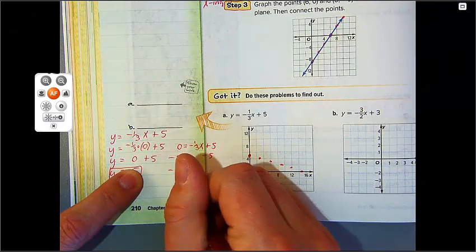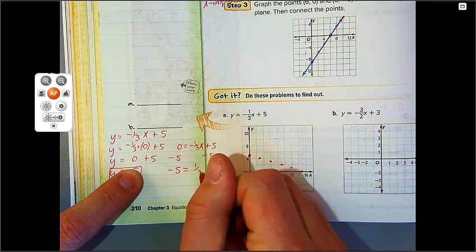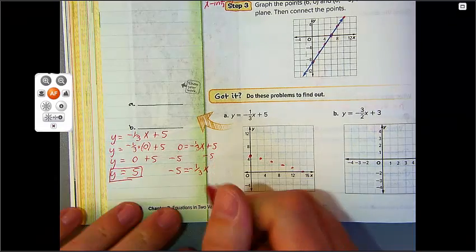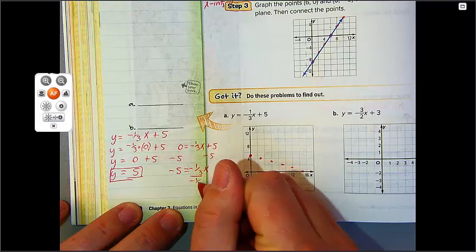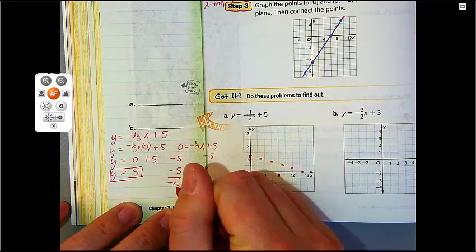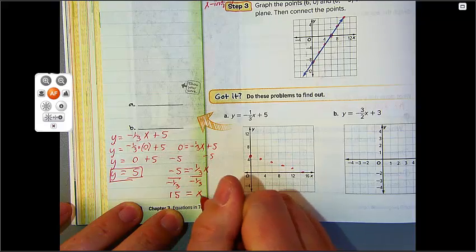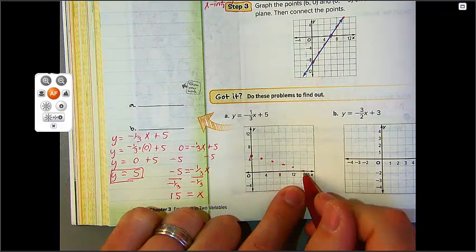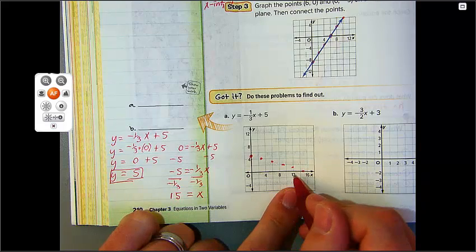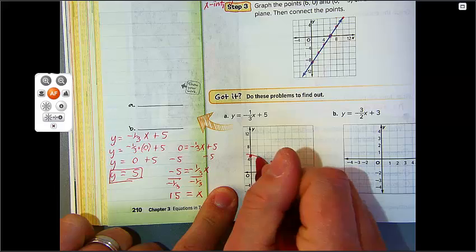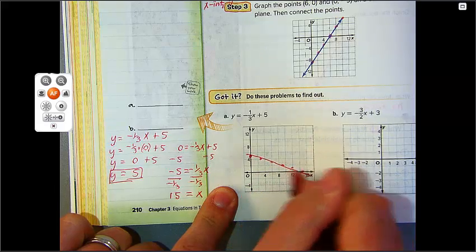I have negative 5 equals negative 1/3 x. I divide by negative 1/3, which gives me then a positive 15 equals x. And if we look at our graph here, where are we crossing the x-axis? Right here at 15. So we know we made a good line.